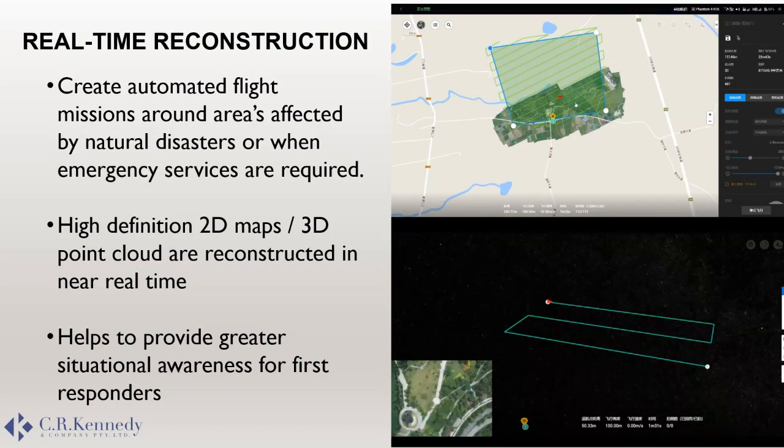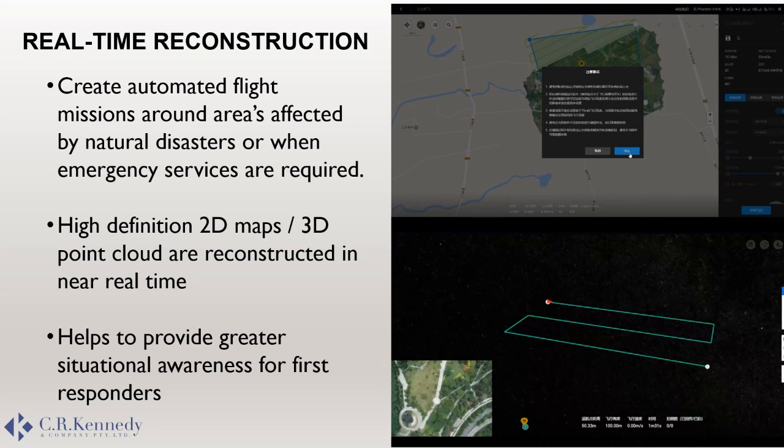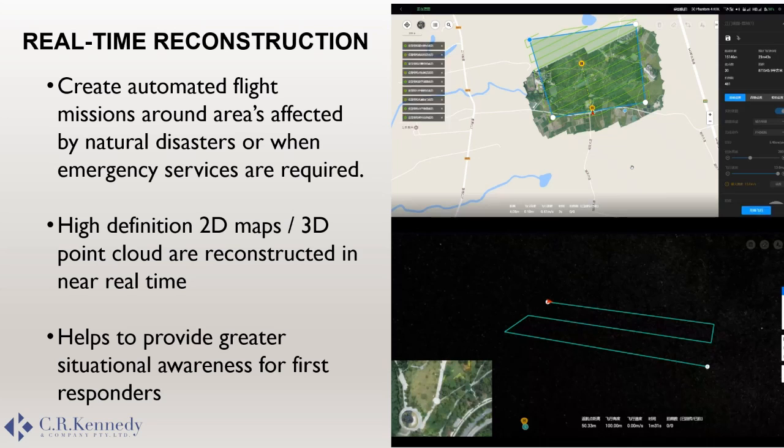A pretty cool feature of DJI Terra actually is the real-time reconstruction. It creates an automated flight mission of the affected area. So whether this is an accident or whether there's been flooding or a natural disaster, it's going to provide greater situational awareness for the team on the ground, because time is of the essence.